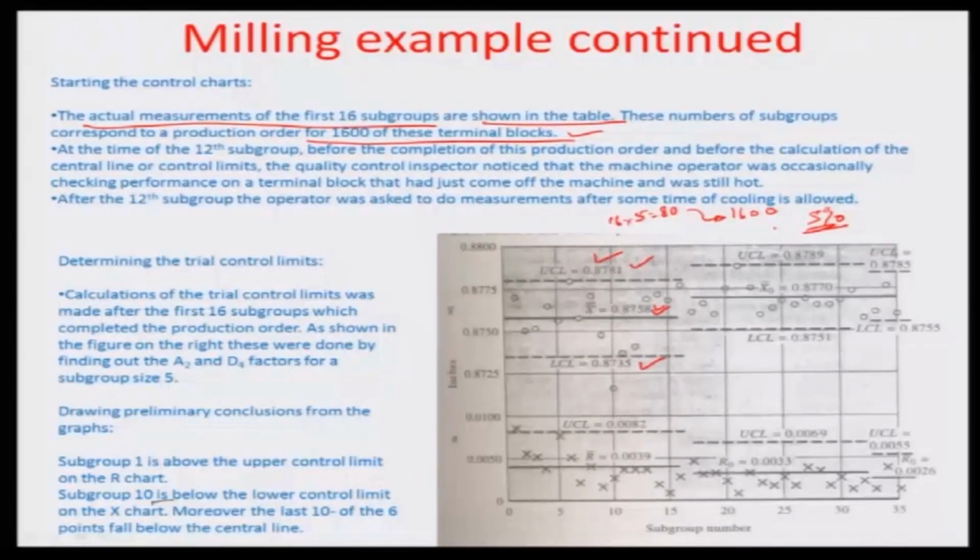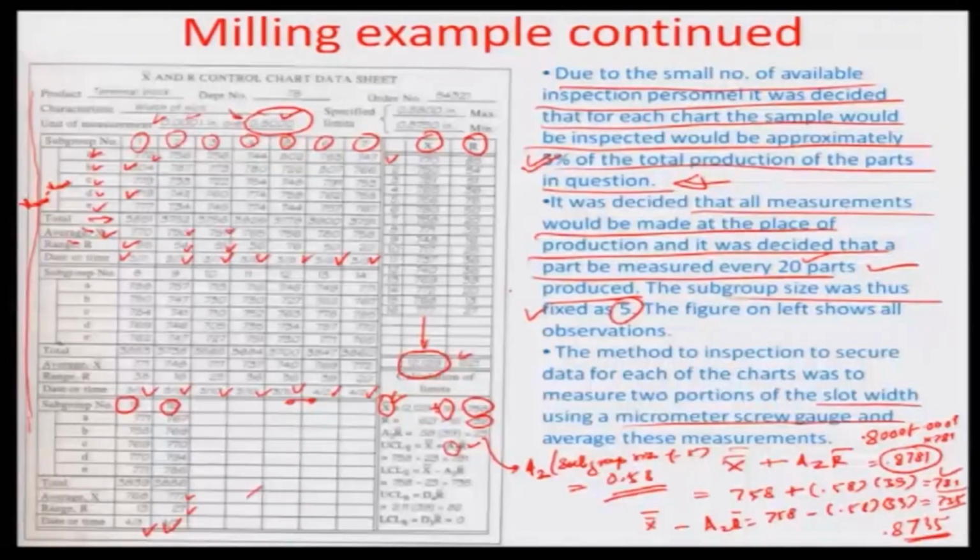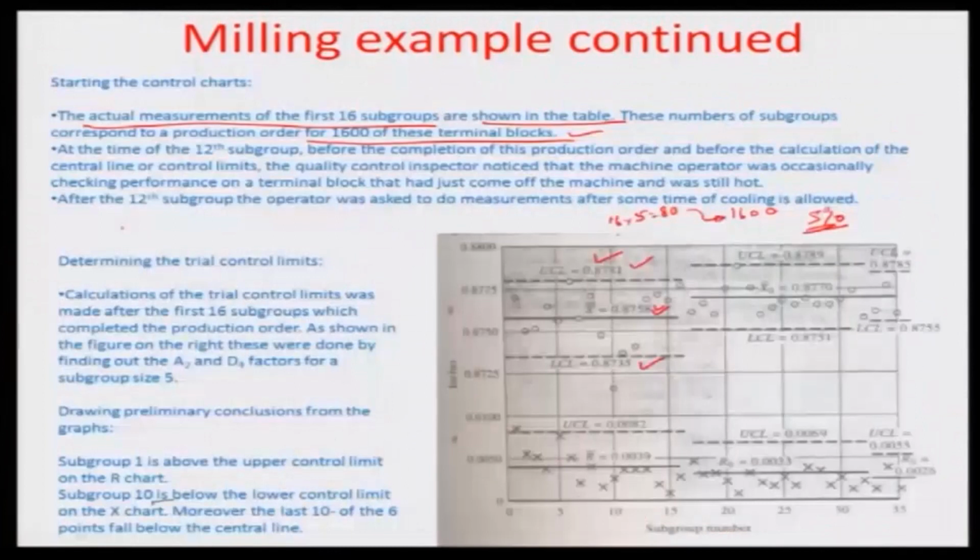And we can see here the plot of the x bar corresponding to the different values recorded. For example, in this particular case, the x bar comes out to be 0.8770. So, you can see this point as the first subgroup.